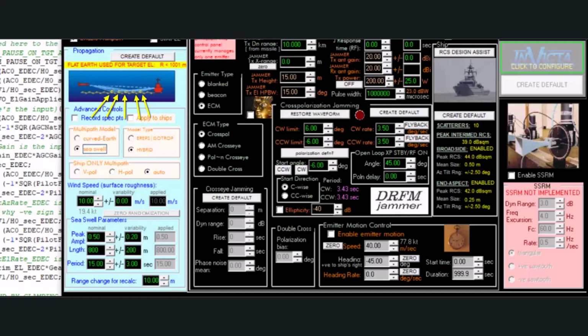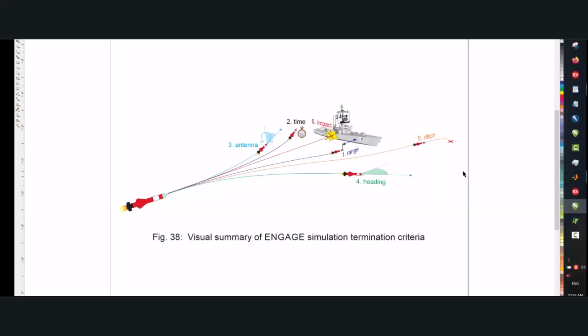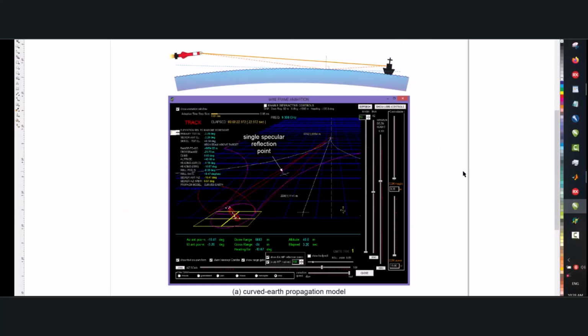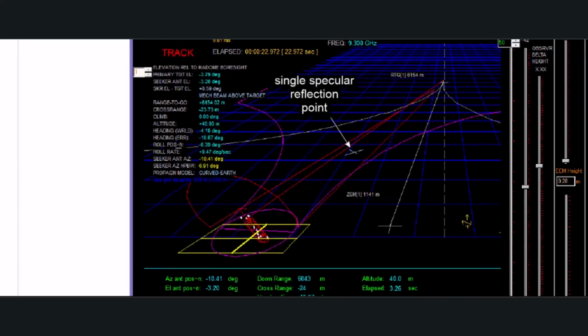And you see that it has multiple reflection points. So I wanted to give the user some sort of confidence that they understand what's happening, that the software is operating correctly. So the runtime animation form shows you where the reflection points are on the sea surface. So here for the curved earth propagation model, we see there's only one specular reflection point, but for the sea swell model, there are multiple ones.